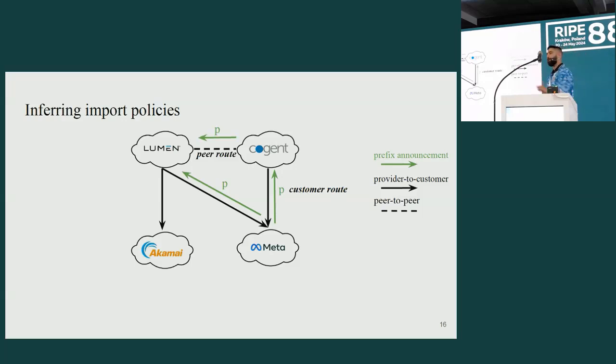Cogent decides to propagate that announcement to their peer Lumen, so Lumen also receives a peer route for the same Meta prefix. So they now have two routes to the same prefix to decide between. And finally, Akamai receives a route from the provider Lumen, so they receive a provider route.